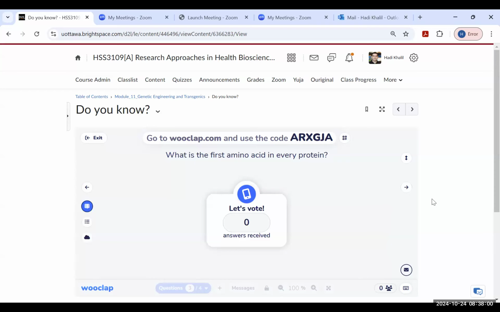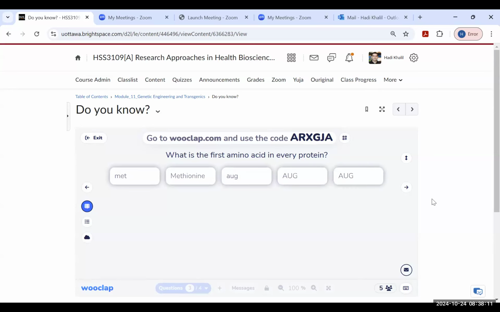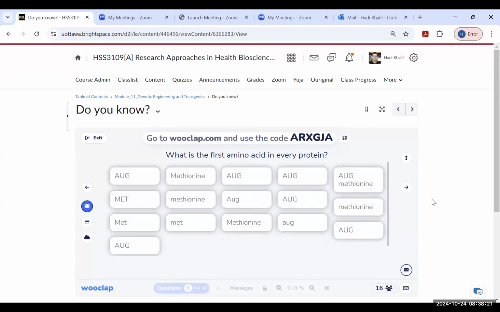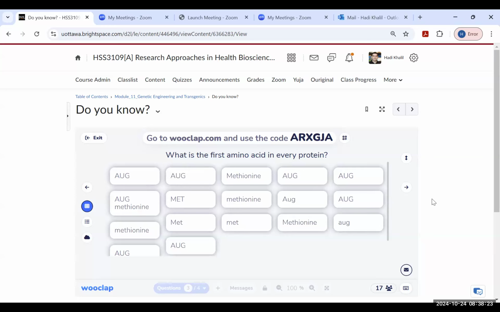Now, what is the first amino acid in every protein? Methionine, methionine, methionine. Awesome.